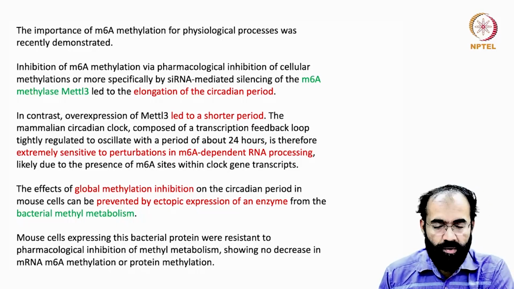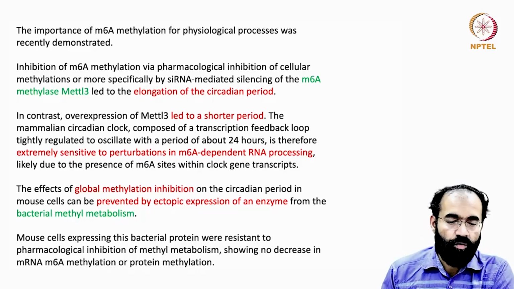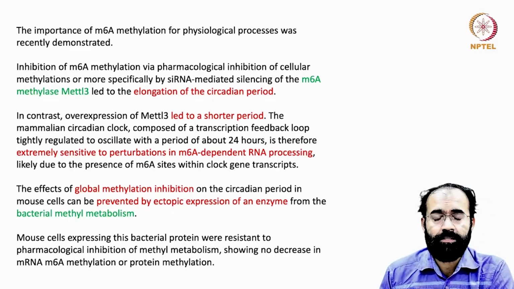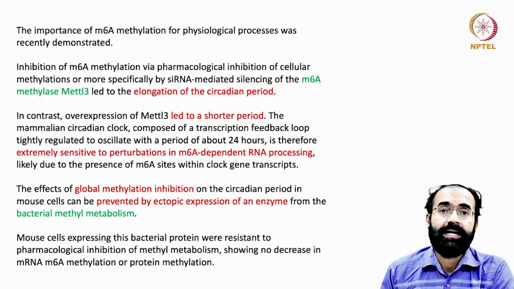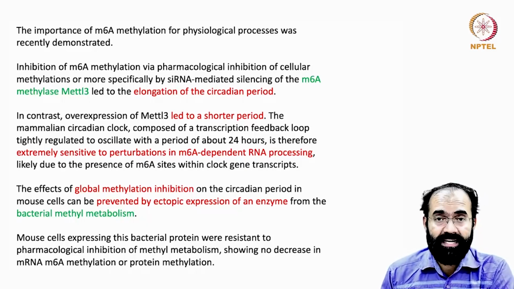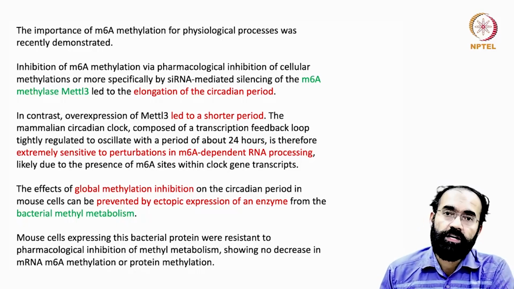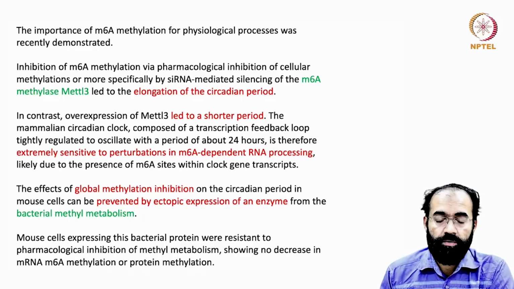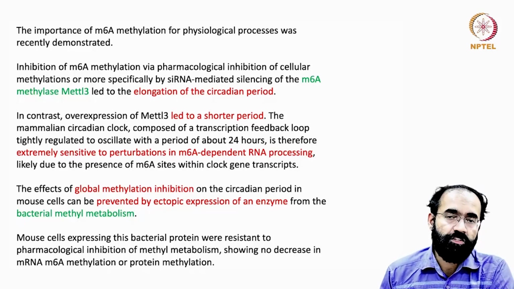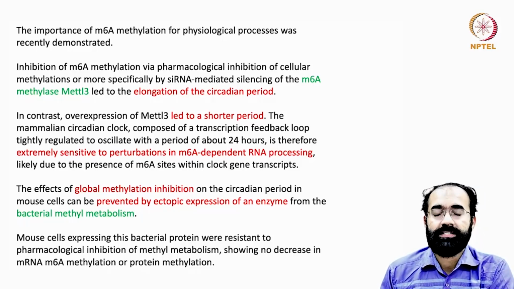So the downregulation or overexpression of these methylases does exactly as predicted and will screw up the circadian rhythm. The downregulation of methylases prolongs your circadian rhythm, and overexpression of methylases reduces your circadian rhythm.